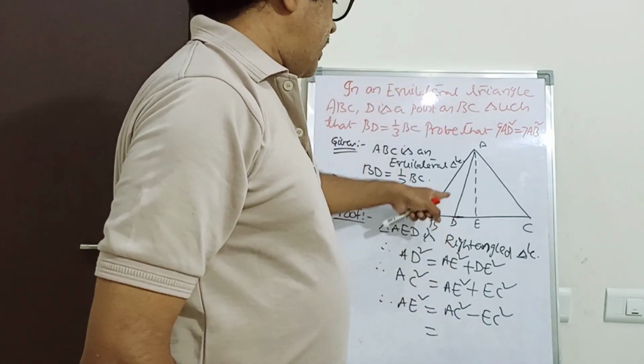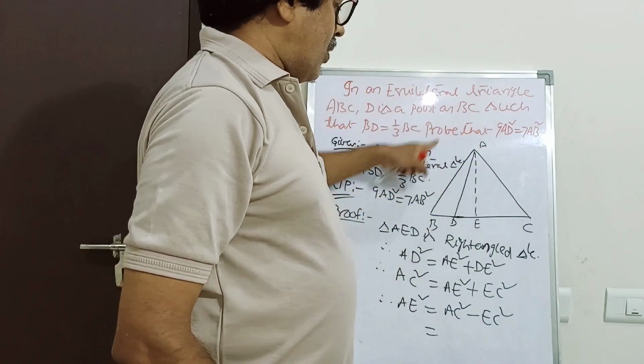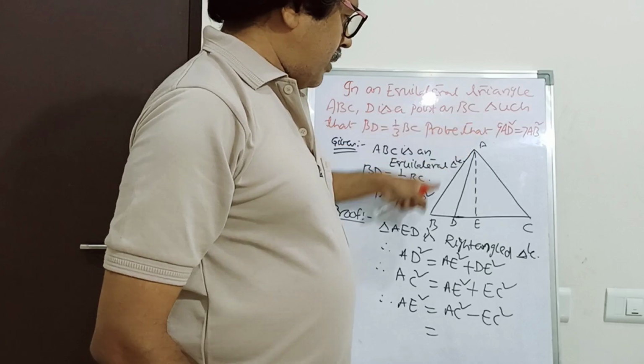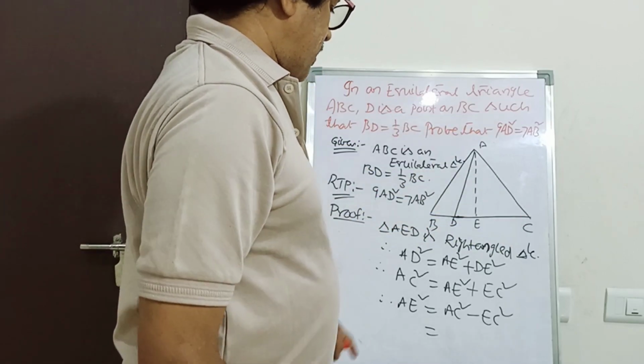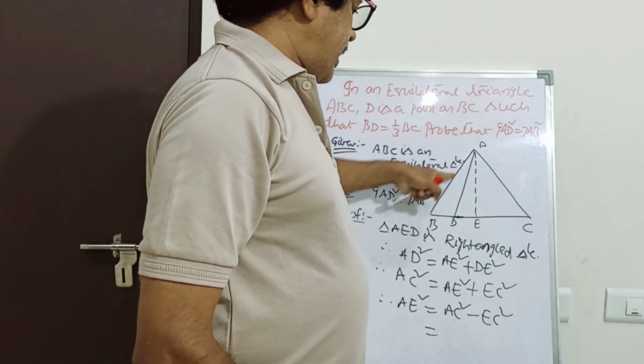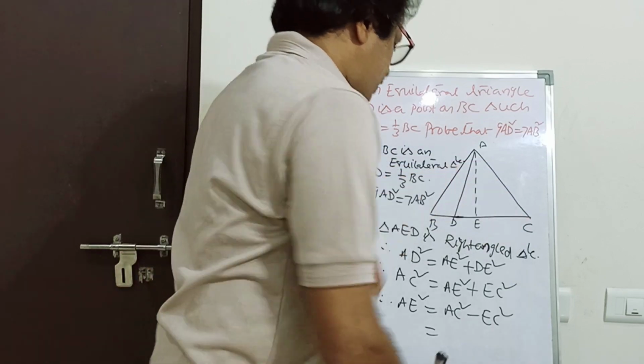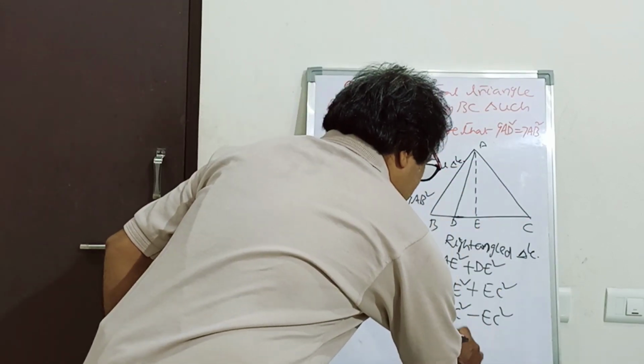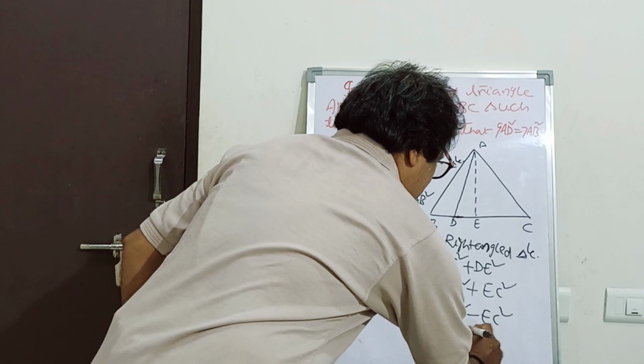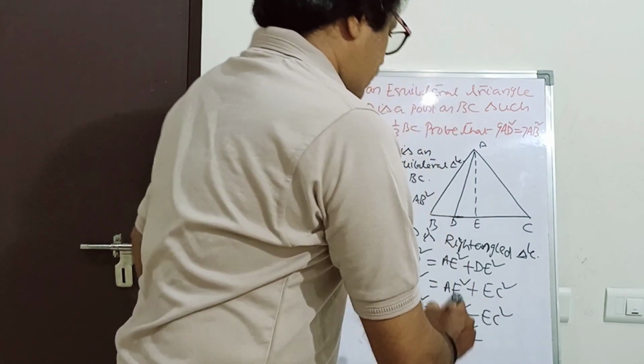Here, since all sides are equal, AB is equal to BC is equal to CA. So AC can be replaced by AB here, because we want to bring all these terms in terms of AB square.